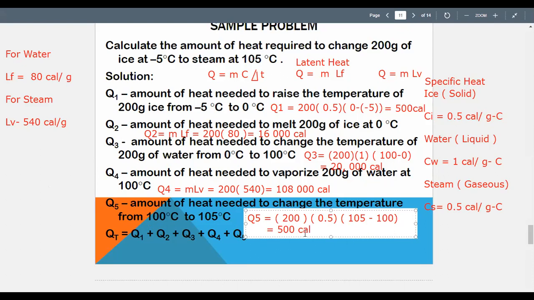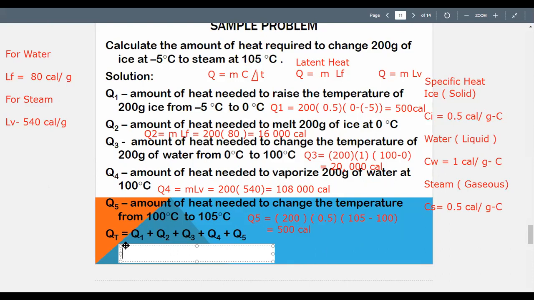And then therefore, how much heat was actually used up to change ice from -5 to 105? We will add up all the values of Q. So Q1, which is 500, plus Q sub 2, 16,000.